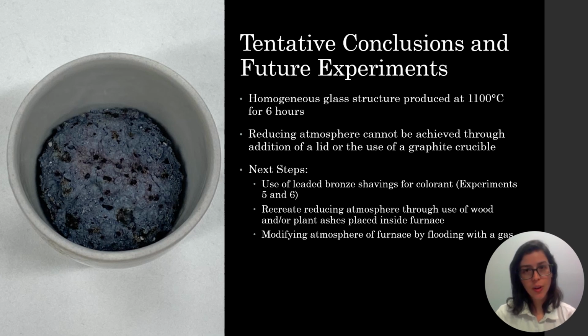Modifying the atmosphere of the furnace by flooding it with argon, nitrogen, or hydrogen gas should produce a reducing environment and cause the glass to turn red. I'm hoping to find a furnace capable of being flooded with gas somewhere on campus.